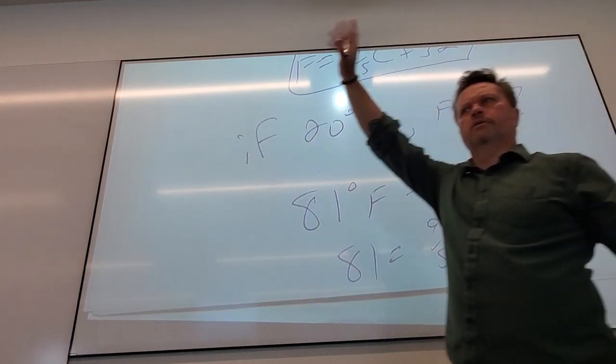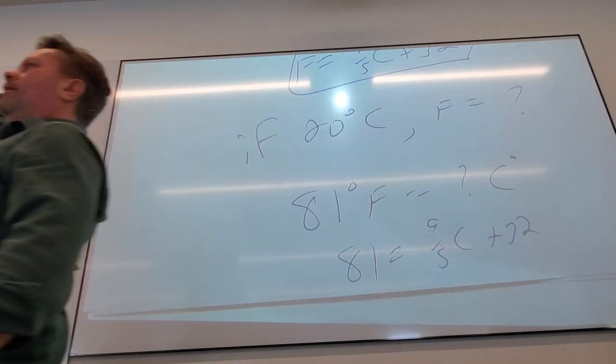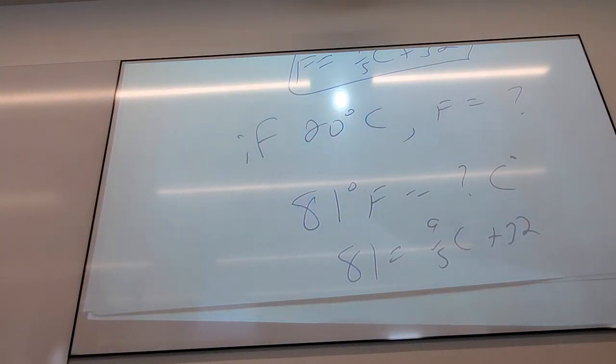You would subtract 32. And then the nice way to kill a fraction is to multiply by the reciprocal. So the equation is always going to be F equals 9/5 C plus 32. That is the conversion between Fahrenheit and Celsius, just because of the way that they were defined.